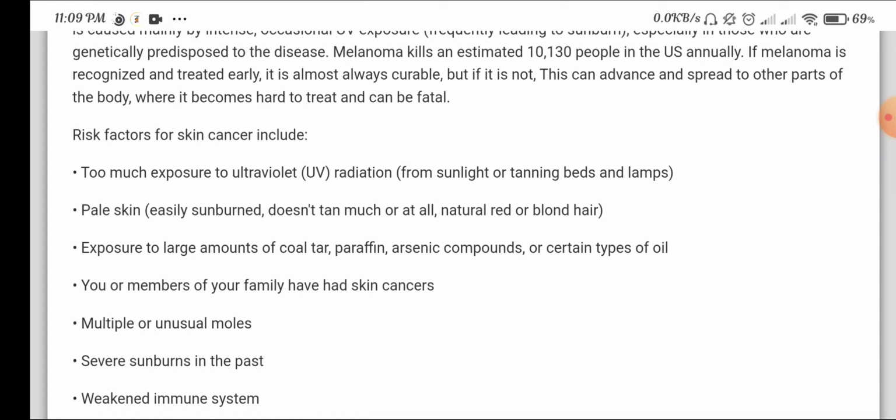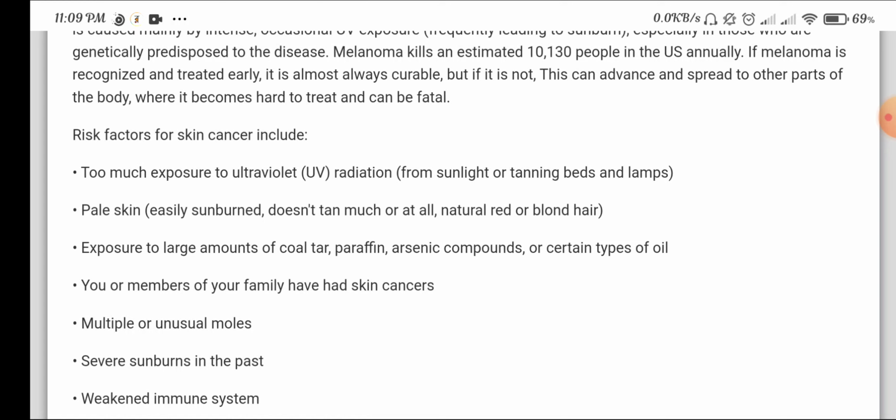Number 3, exposure to large amounts of coal tar, paraffin, arsenic compounds, or certain types of oil. Number 4, you or members of your family have had skin cancers.